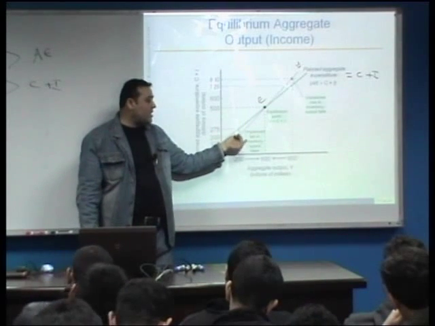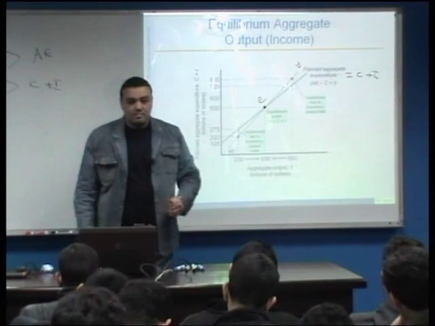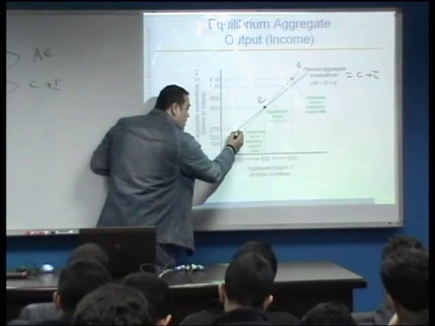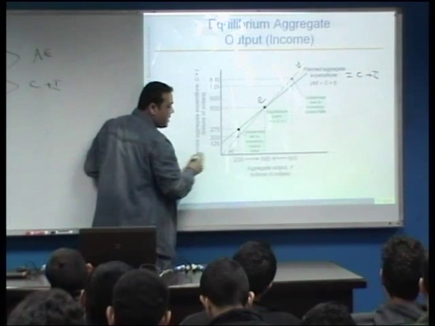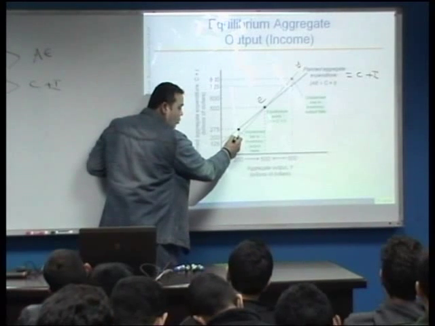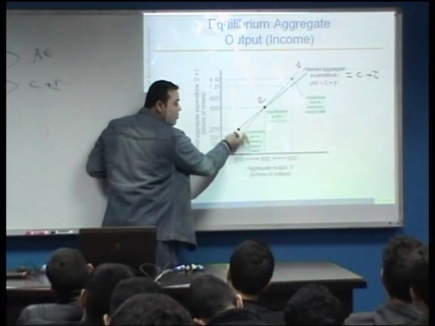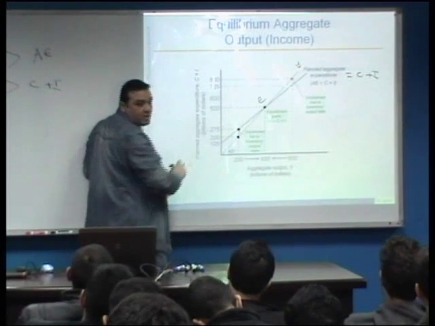At the left hand, what do you see? This is a point along the aggregate expenditure, and this is a point along Y. So Y is smaller than the aggregate expenditure.